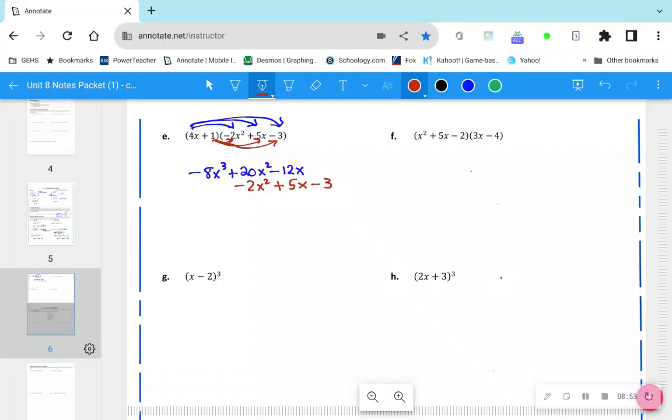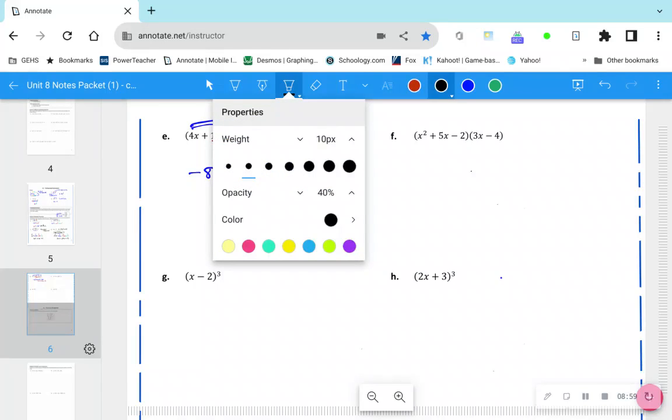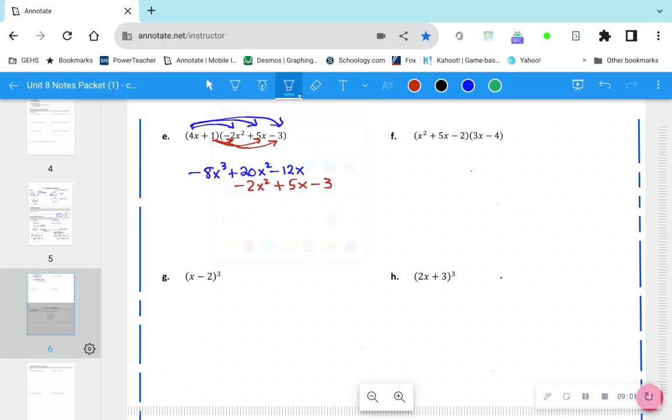Now, if you look carefully, you might notice that I took my like terms, let me show them to you, my x squareds, my x's, and I lined them up over each other. So it makes the next step really easy. You just add your like terms, and in this case, the middle one's 20 minus 2 is 18, negative 12 plus 5 is negative 7.